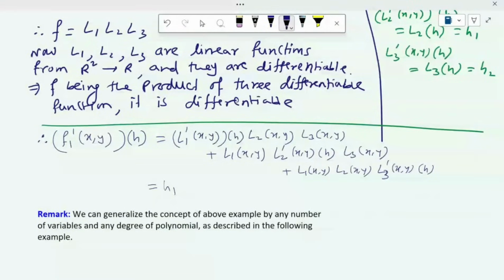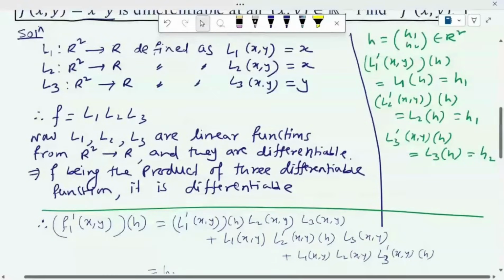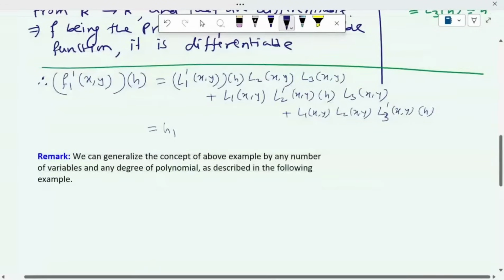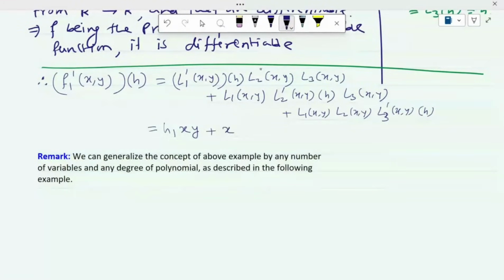L2xy, which is defined as x, and L3xy is y, plus here L1xy is x, L2xy is again h1, and L3xy is y, plus L1 is x, L2 is x, and L3H is H2.